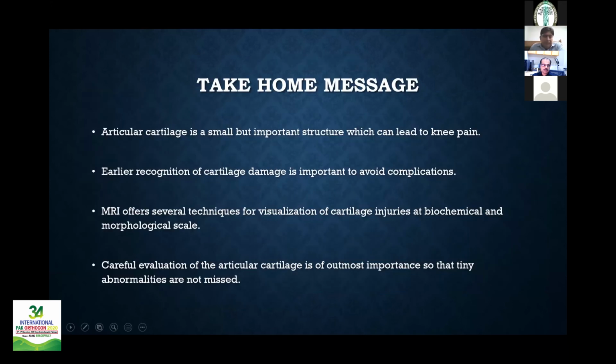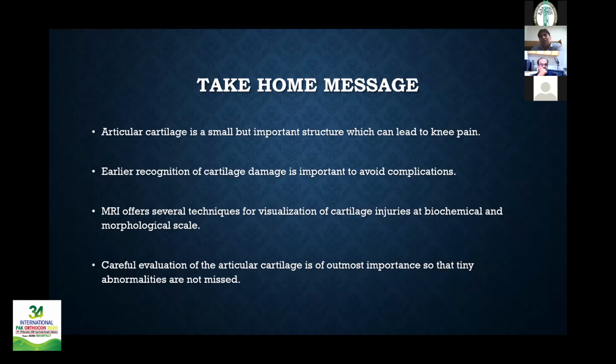The take-home message is that articular cartilage is a small but important structure which can lead to knee pain, and there is a surge in early recognition of how we can estimate its damage and how to avoid its complications. MRI offers several techniques for visualization of cartilage injury at biochemical and morphological scales.